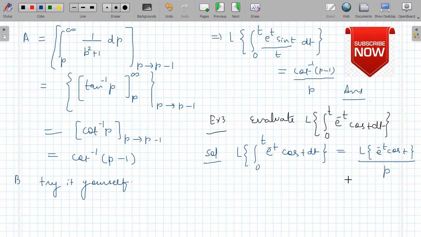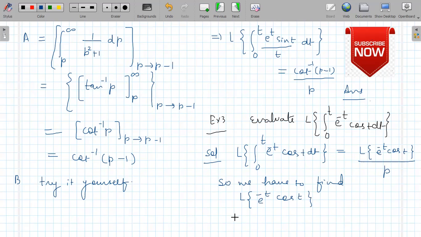So we have to find the Laplace transform of e to the power minus t cos t. That is very simple to find by the first shifting property.